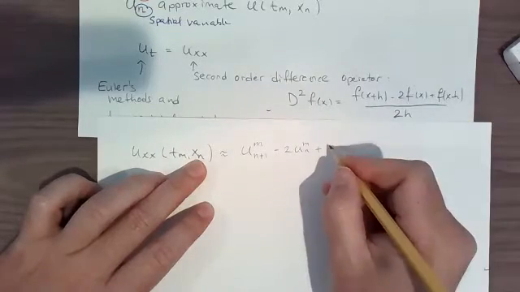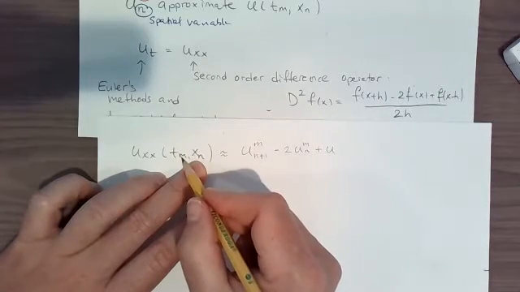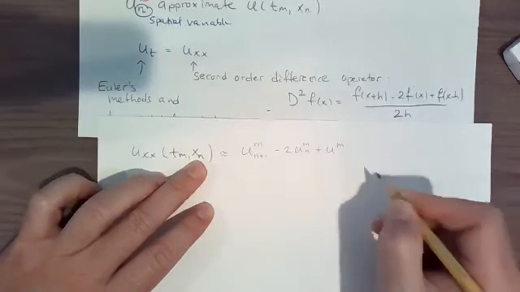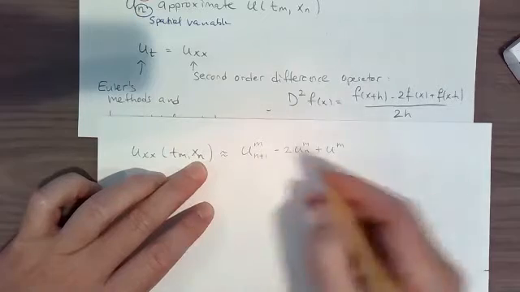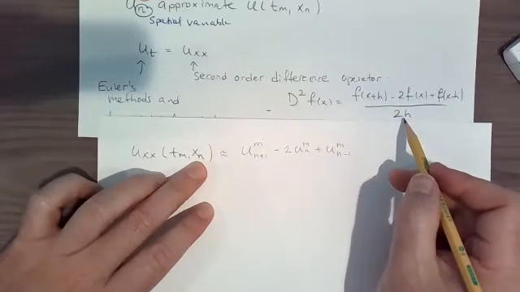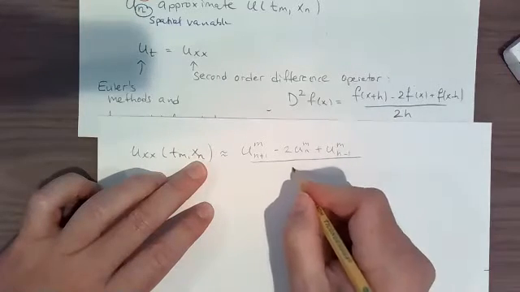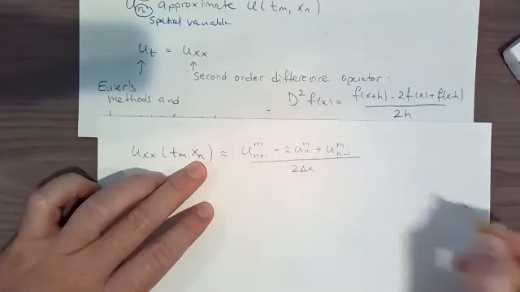And then we add the one with m up there, and you go one back, so this would be n minus 1. Then you divide by the step squared, so h here would be delta x.